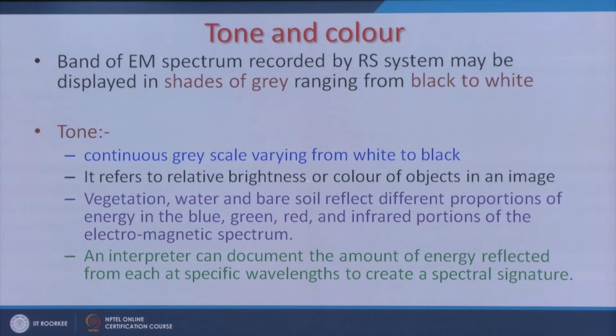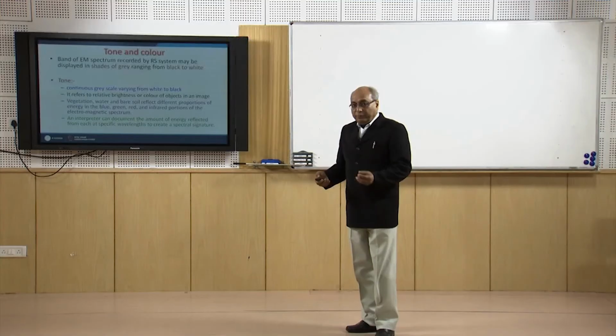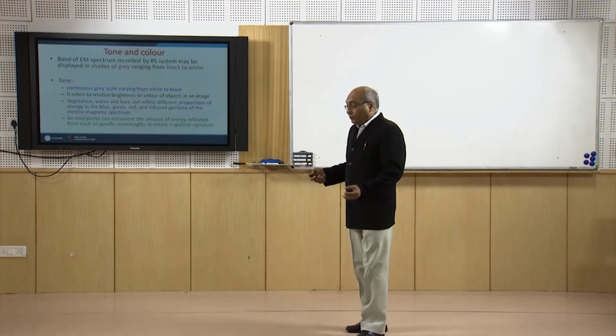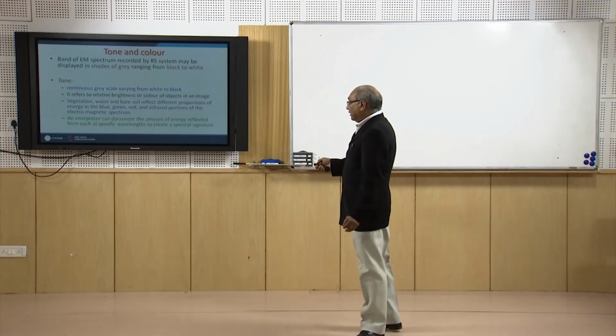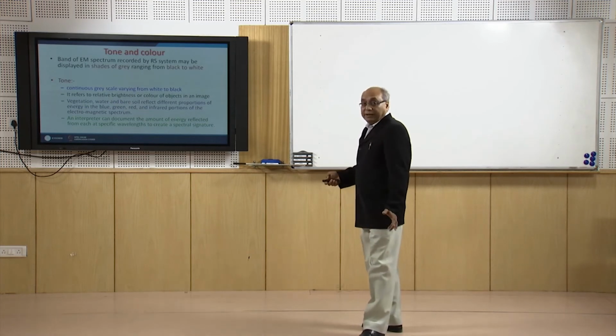For example, in the visible channels vegetation may appear very dark, whereas in infrared channels vegetation will appear very bright, and different objects like water and bare soils will behave differently in different parts of the EM spectrum. Therefore an interpreter should have knowledge of which band of remote sensing data he is interpreting, and accordingly the tone he might expect.